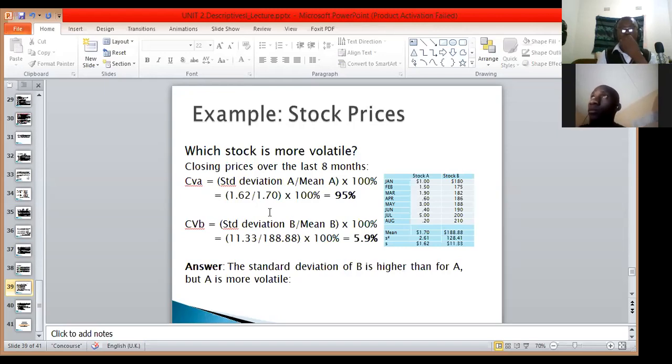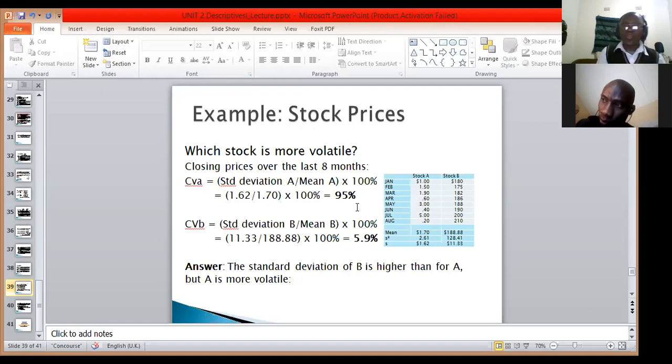Stock A has a standard deviation of 1.62 and a mean of 1.70. When we divide the standard deviation by the mean and multiply by 100%, we get 95%.